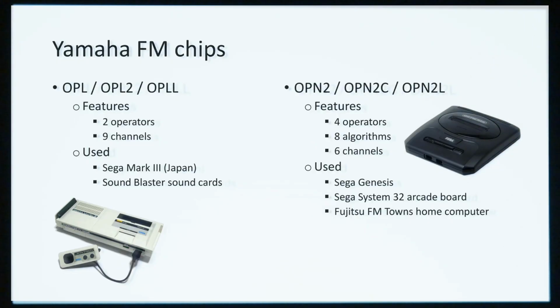The OPN family, there's OPN, OPN2, OPN-A, OPN-B, OPN2L, OPN3. I can't even tell you everything about all of them, but the OPN2 is from the Sega Genesis, and that's what we're going to use today.